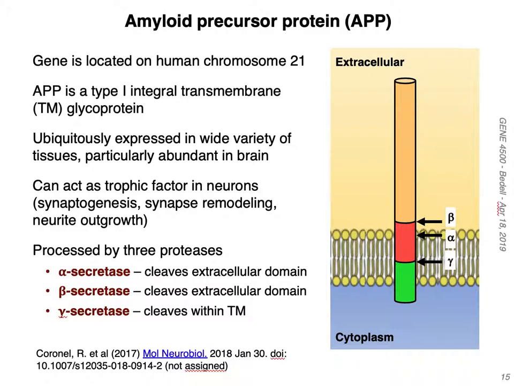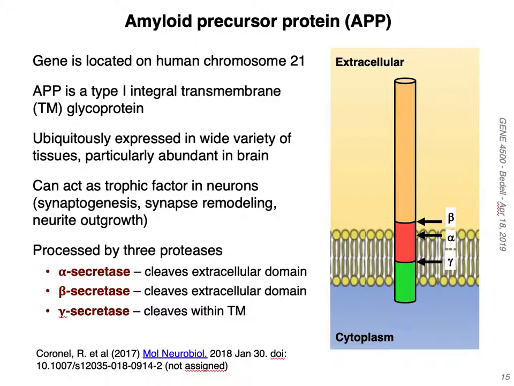Alpha secretase releases the extracellular domain. Beta secretase then makes a cut in that released extracellular piece. Gamma secretase cleaves here, and then this green part ends up going into the nucleus and affecting transcription of genes in the pathological aspects of this processing.